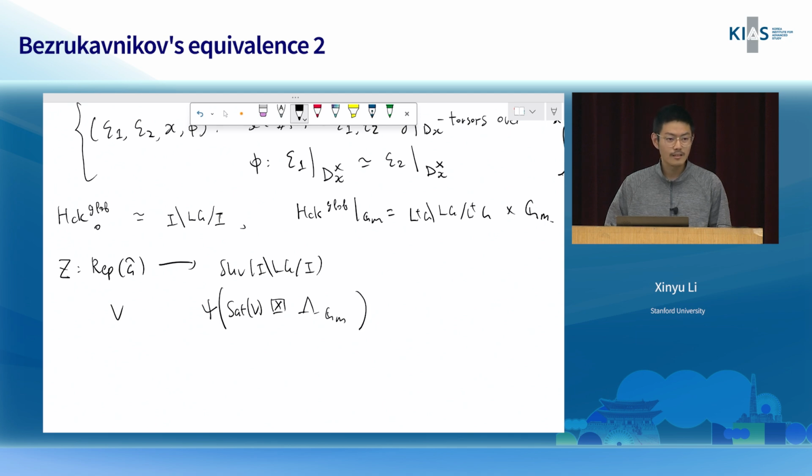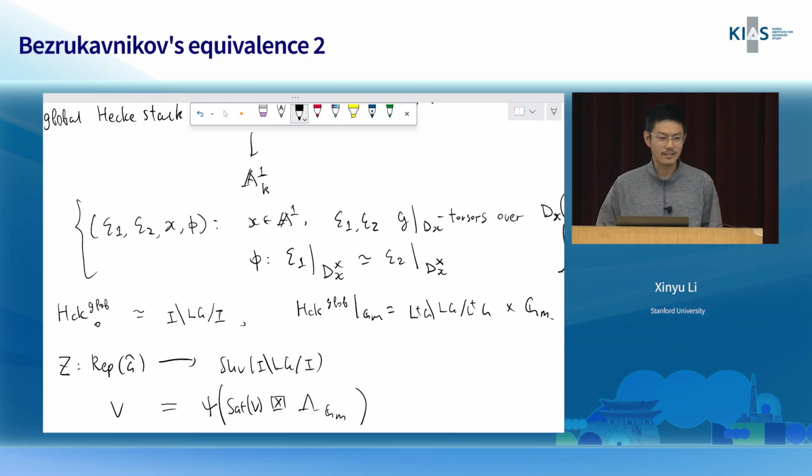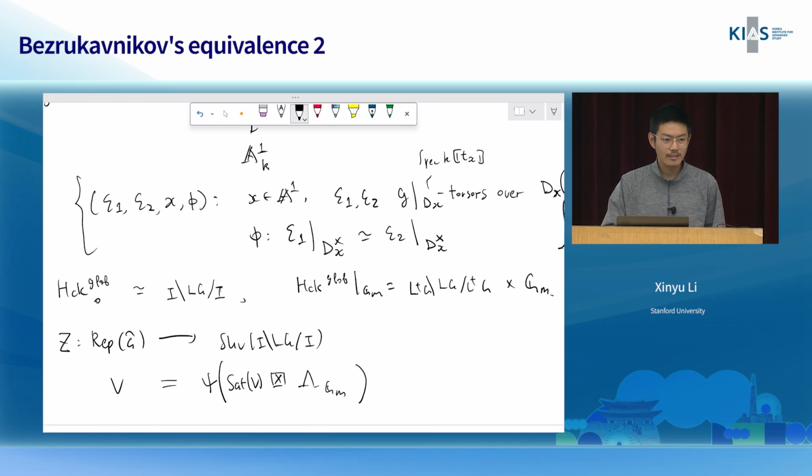So what is D_x? Just A1 minus x? D_x is the complete local ring at x. If you choose a coordinate at x, it's just the spectrum of K double bracket T_x, where T_x is a coordinate at x. So E1, E2 are not defined in the categorical situation; there are always extra data.